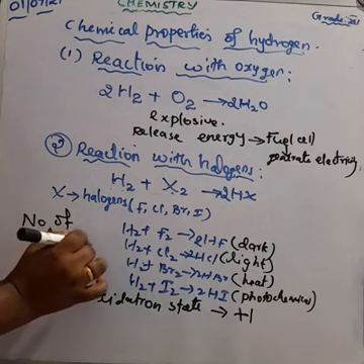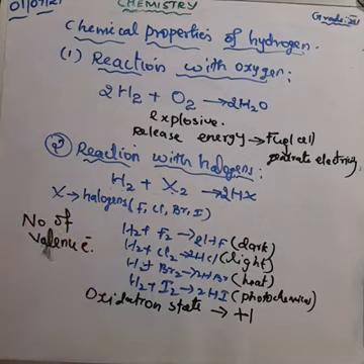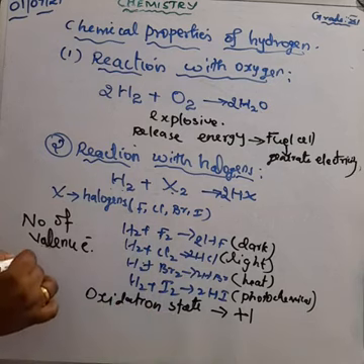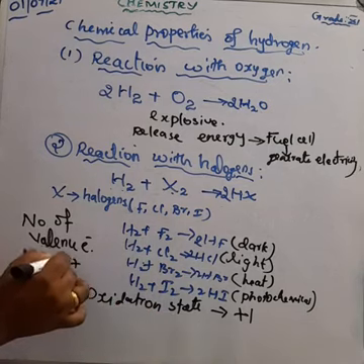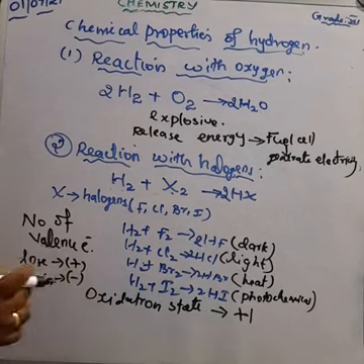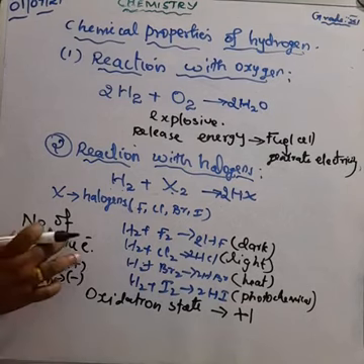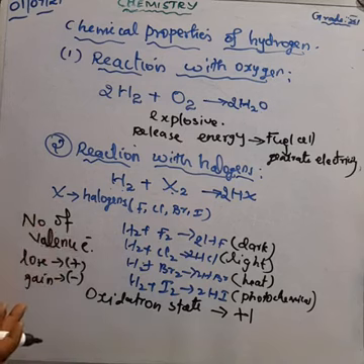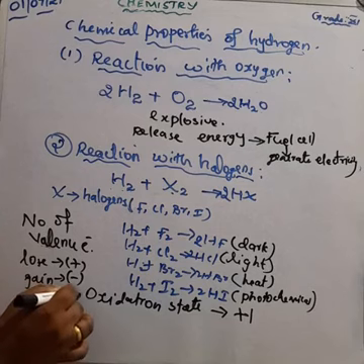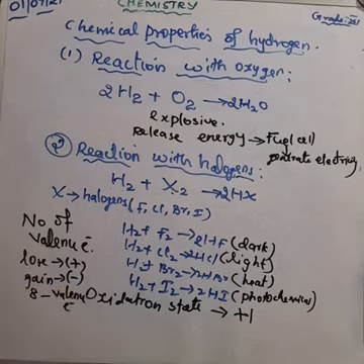But the oxidation state indicates a plus or minus symbol. When losing an electron it means a plus oxidation state, and when gaining an electron it means a minus oxidation state. Valence means the electrons present in the outermost orbit, or 8 minus the valence electrons. We take the hydrogen atomic number as 1.